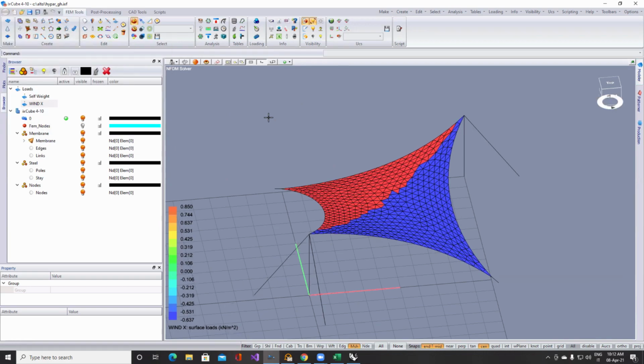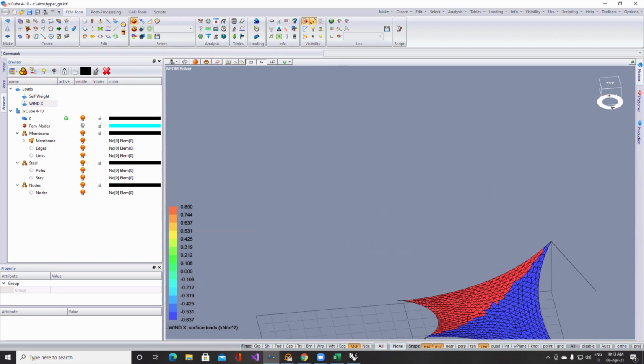Sorry, just for understanding, to make it clear, because you named it wind X. The value that you input, is it a horizontal wind load that is split or transformed to be adapted to the geometry, or is it directly applied to the geometry?